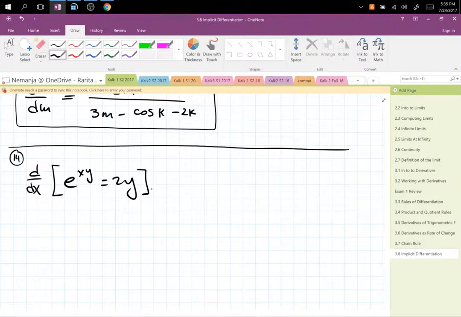It's not e to the x, therefore it has to be a chain rule. But then you have x times y, it's a product. And because you will be taking the derivative of y, implicit differentiation tells you you will be adding dy dx, which is a chain. So chain within a product within a chain. It's complicated to say, but when you start writing it out, it all makes sense.